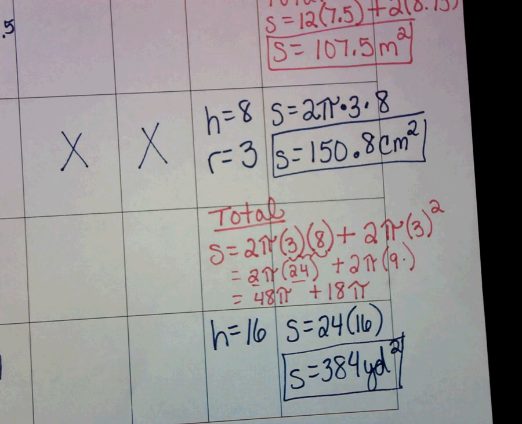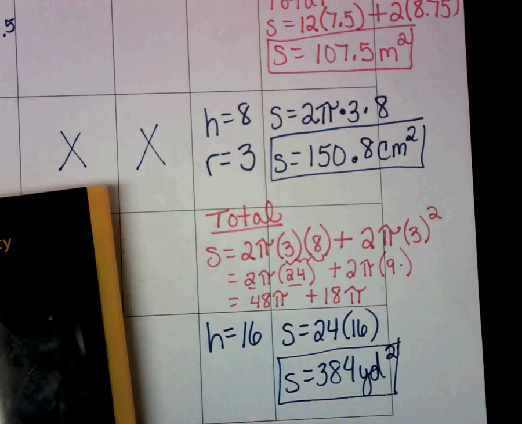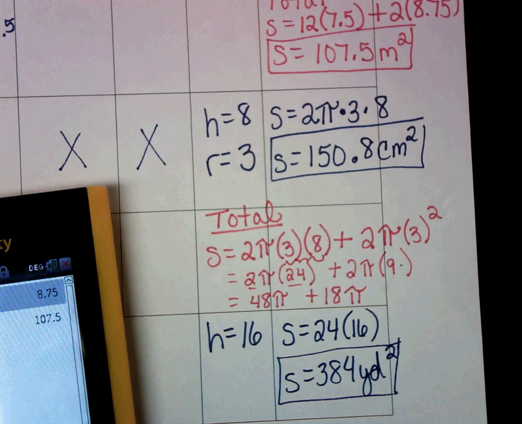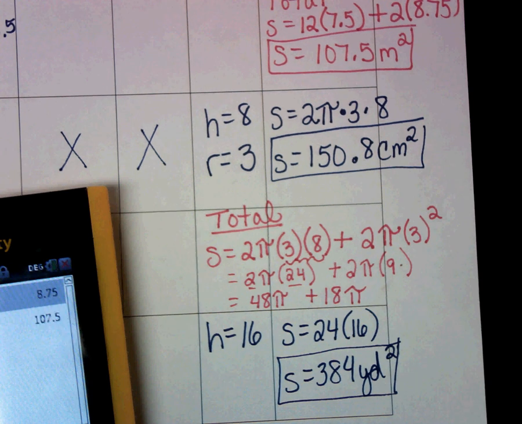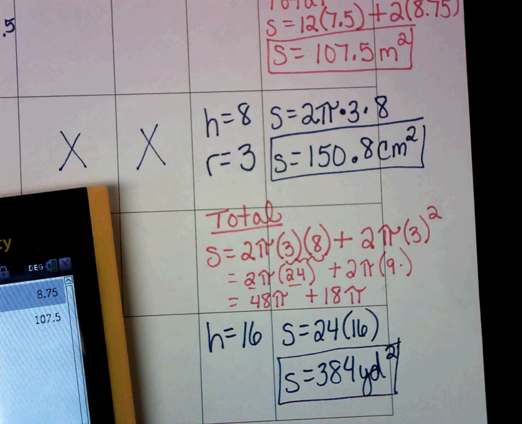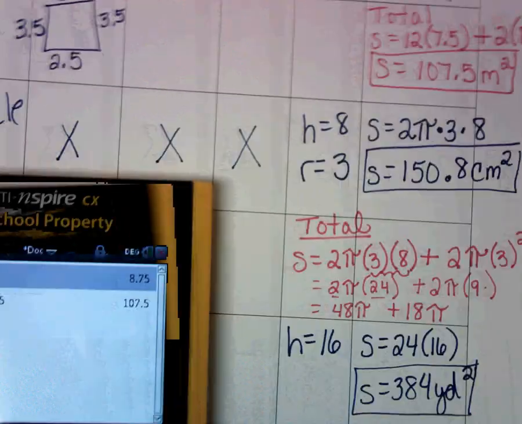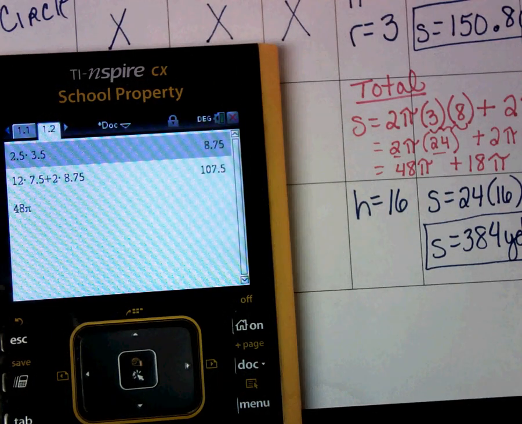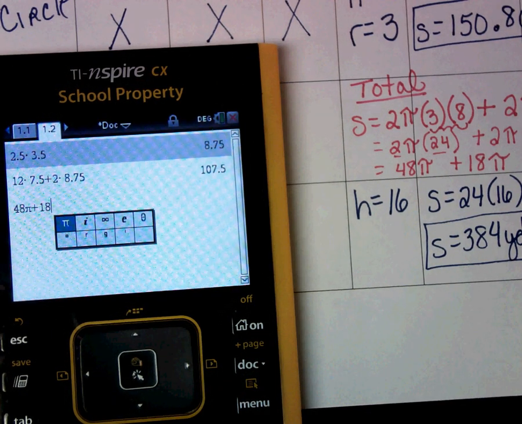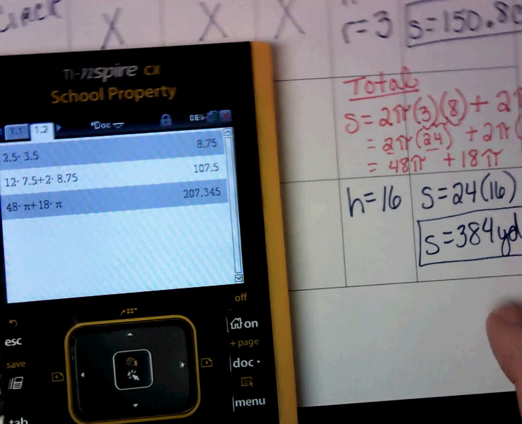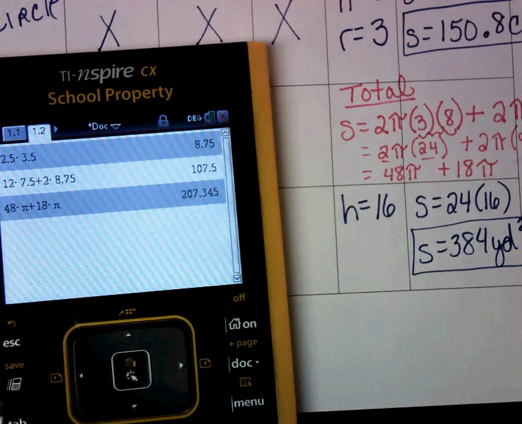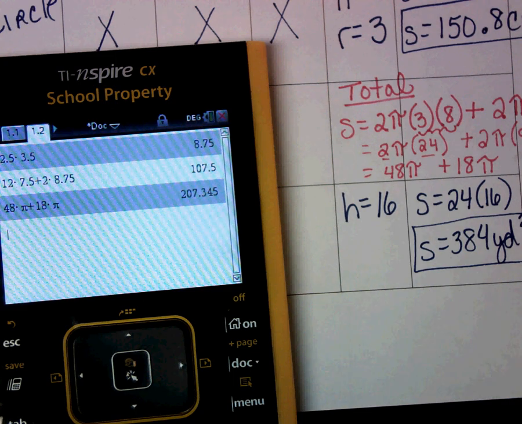And so now at this point, I would definitely pick up my calculator and I would calculate it. Okay, so 48 pi plus 18 pi, and we get 207 point, we'll say 35.